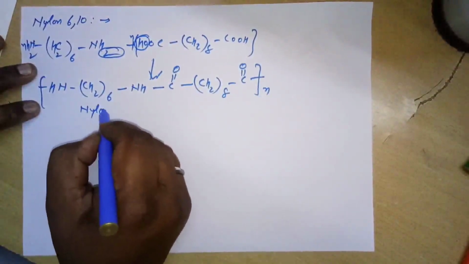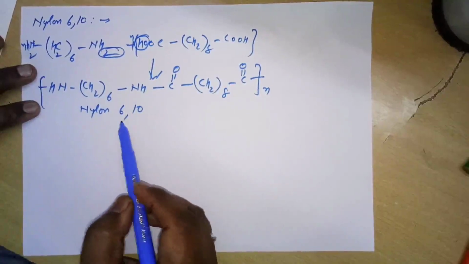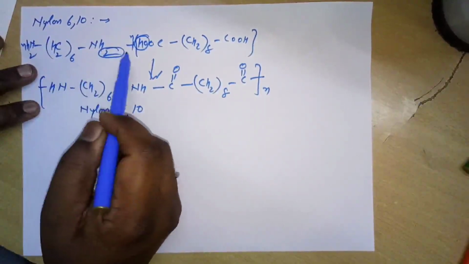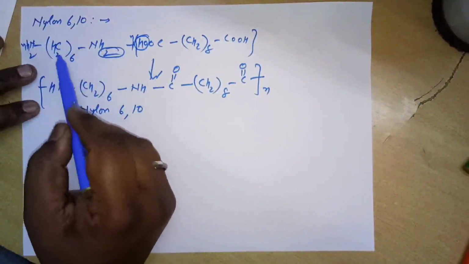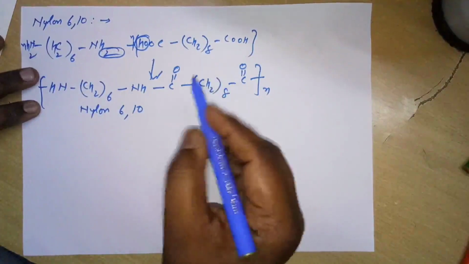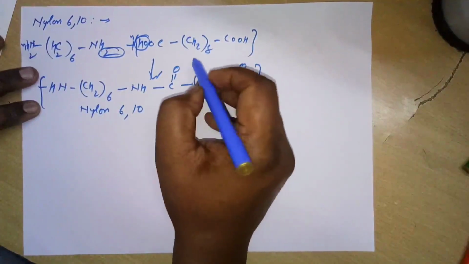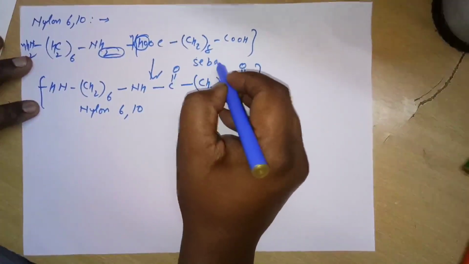It is called 610 because we use two types of monomer: hexamethylene diamine contains 6 carbon and the other monomer contains 10 carbon. This is sebacic acid.